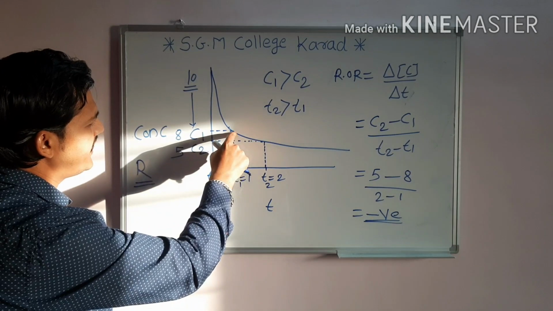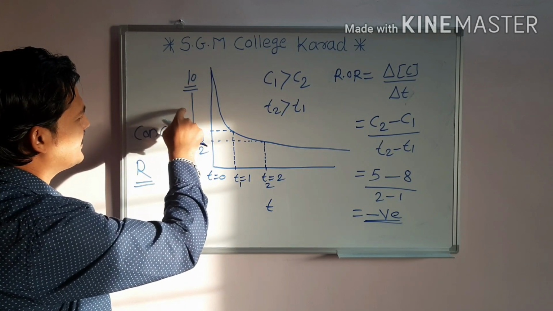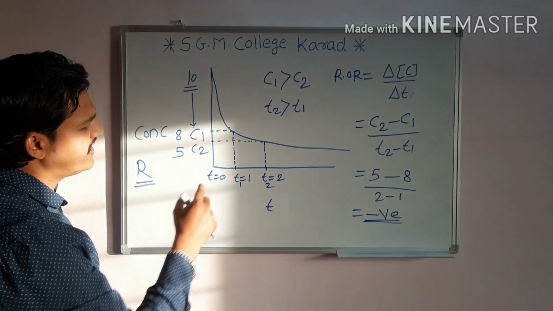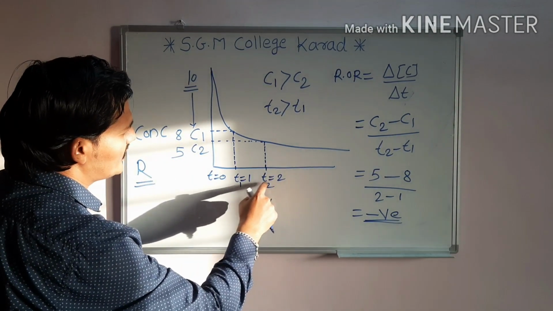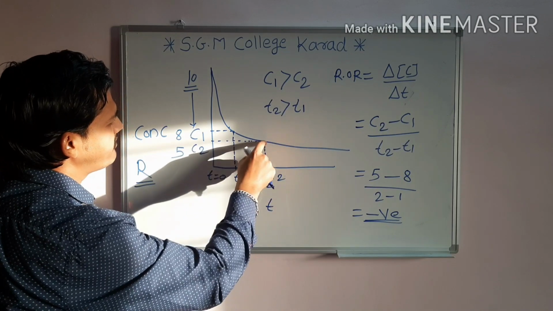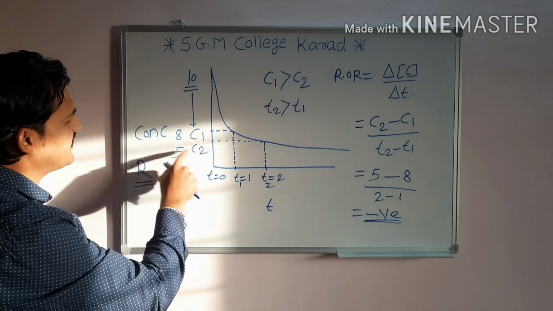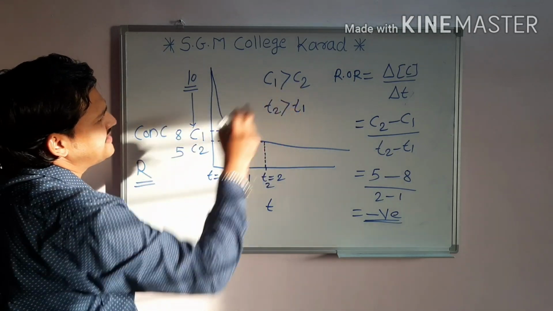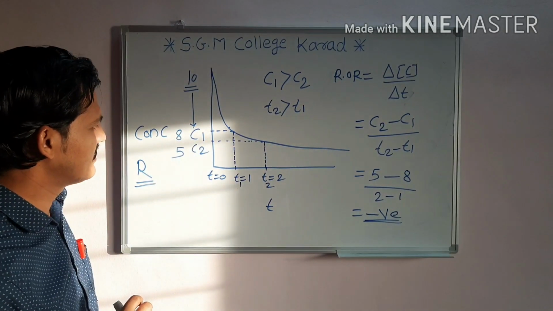Let us join the point. That point is concentration C1, let us say it decreases, hence 10, 9, here it is 8. Then after further time, T2 is equal to 2 hours. I am joining the point, here it is C2. So C1 is 8, C2 is 5. C1 is greater than C2 and T2 is greater than T1.